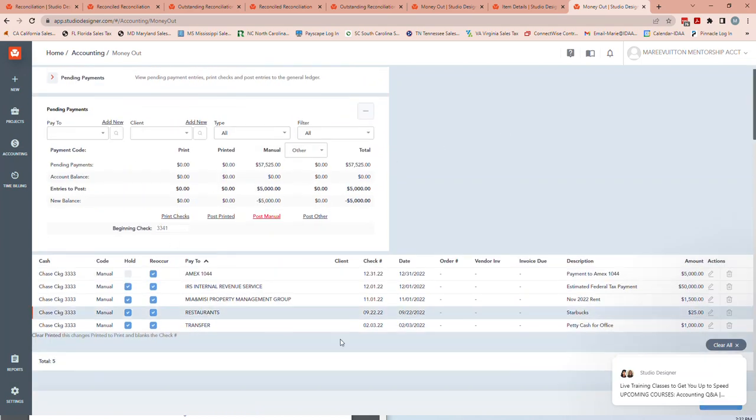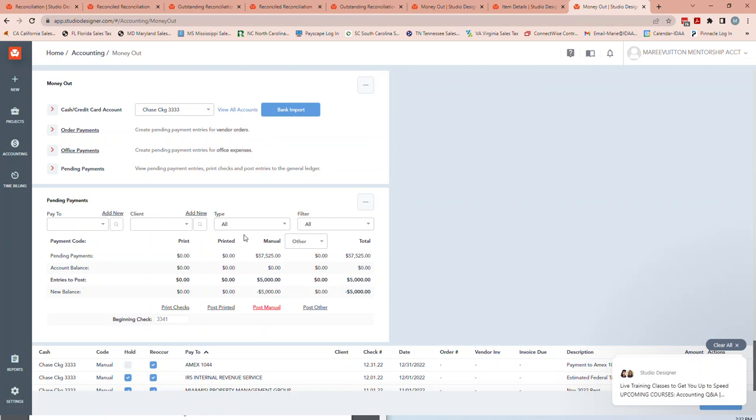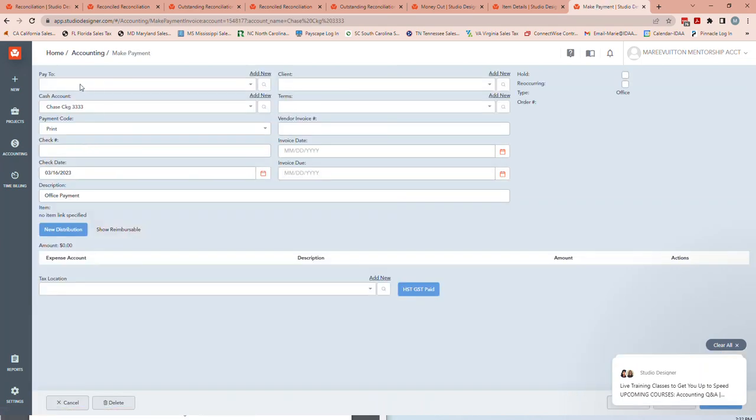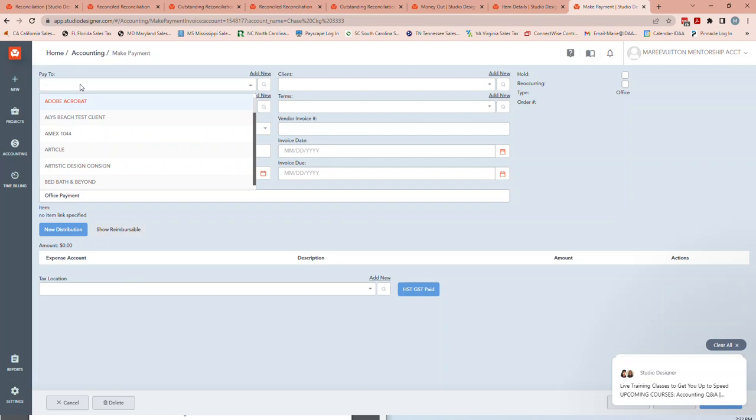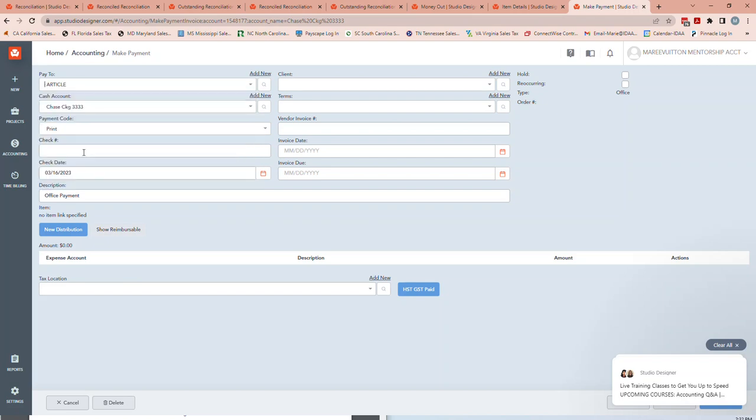So for example, let me think of one that might be a good example. Let's just say you were going to pay for an article from your Amex, and I'm just going to code it for today, and I might just say cost of sales.